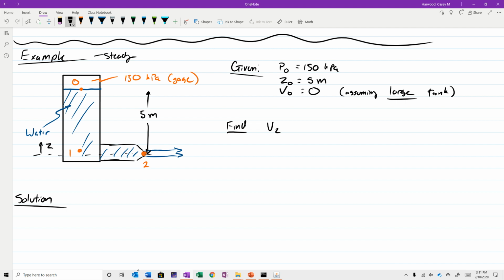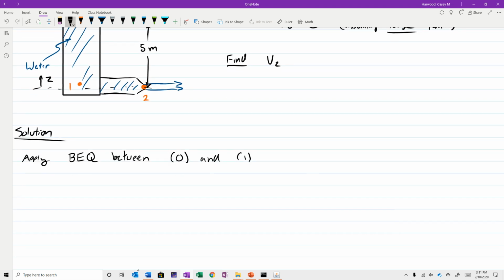So solution step 1 is going to be apply the Bernoulli equation between 0 and 1. So it's going to look like P naught plus 1/2 rho V naught squared plus rho G Z naught is equal to, right, a constant.